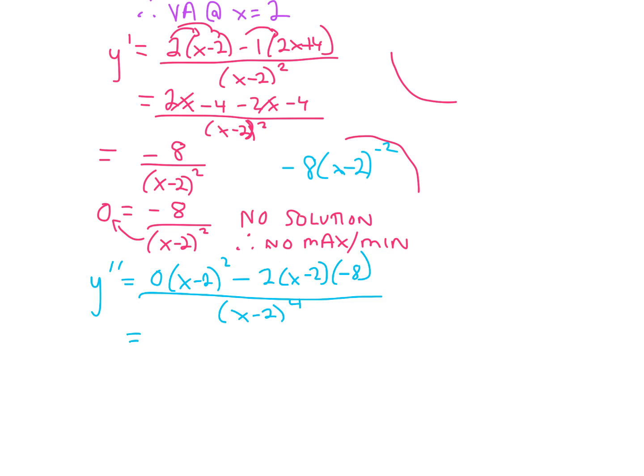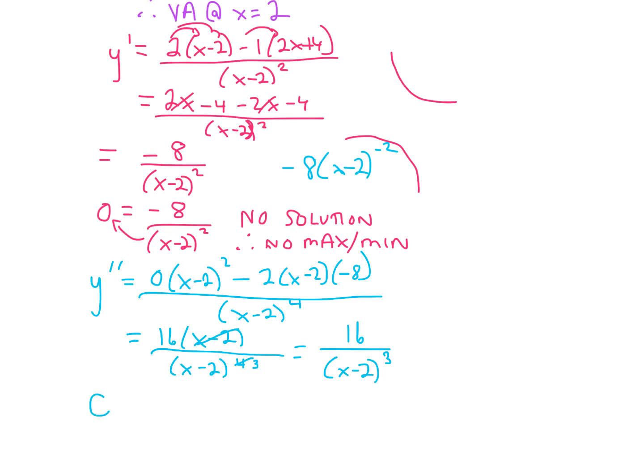And so here I end up with 16 times x minus 2 all over x minus 2 to the 4th. I'm going to take one of those factors of x minus 2 off the top, and I'm going to take that off of the bottom also and change that to a 3. So now I have 16 over x minus 2 to the exponent 3.